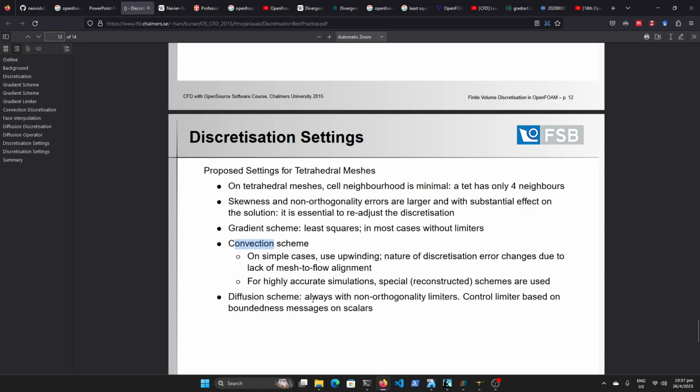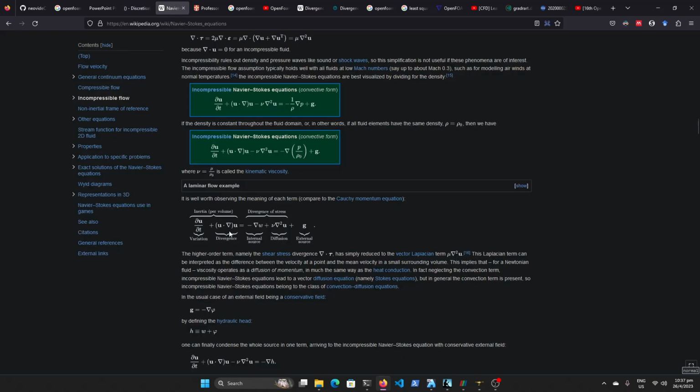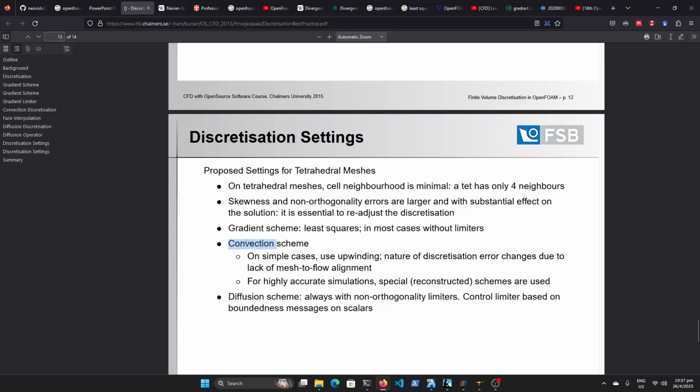This is actually referring to divergence, because this is how these scalars, the scalar being the temperature, or you can be transporting momentum as well, how this momentum is being transported from one cell to another via flow. That is actually due to convection. So this is what convection schemes are.